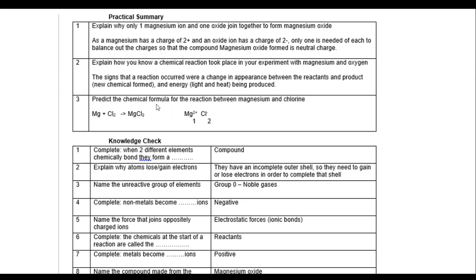Now, when it comes to the chemical formula for the reaction between magnesium and chlorine, we need to have a look at the ions. So we have here magnesium, and we have chlorine. Because chlorine has only a -1 charge and magnesium has a 2+ charge, we need 2 chloride ions to make up that -2 charge to make sure that that compound is neutral.